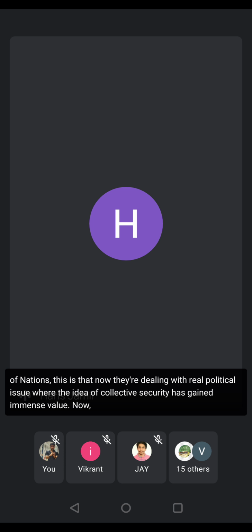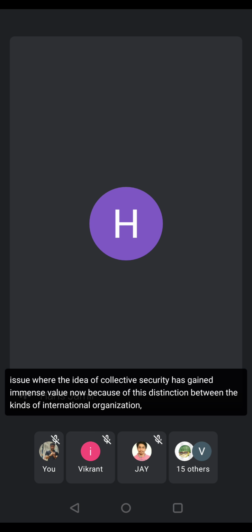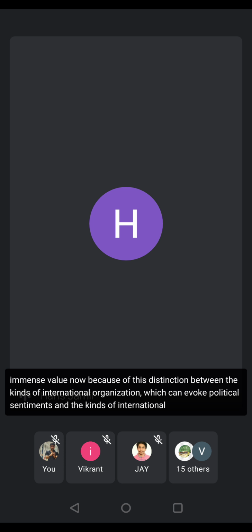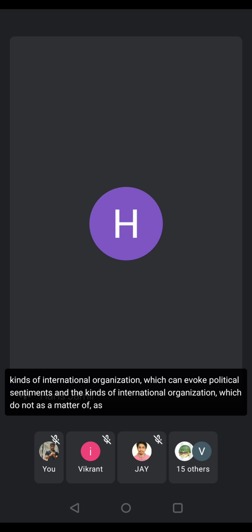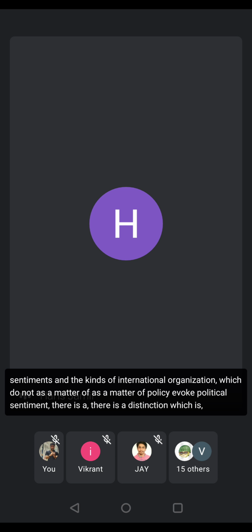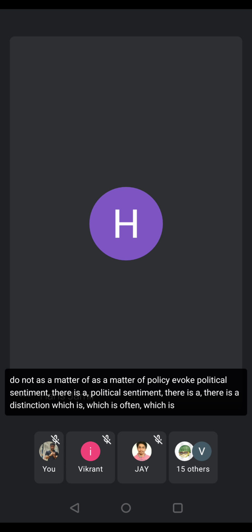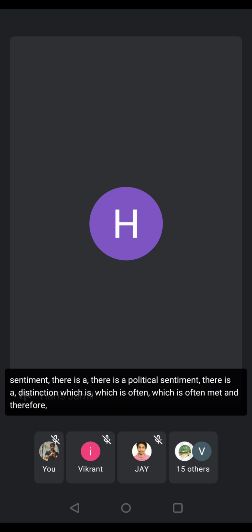Because of this distinction between the kinds of international organization which can evoke political sentiments and those which do not, as a matter of policy, evoke political sentiment, a distinction is often made, particularly in relation to transport and communication.